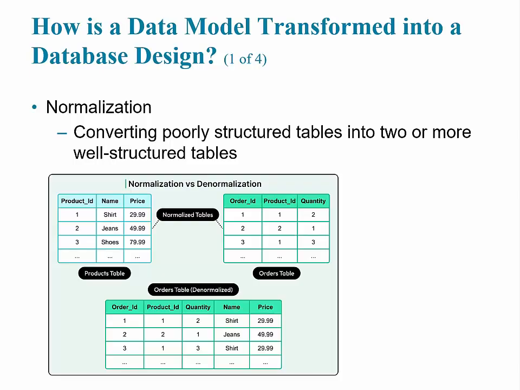Not only can you reduce your file size, at the same time you can increase the efficiency of your database. For example, you have two tables. At the bottom you have a single table which is not normalized.